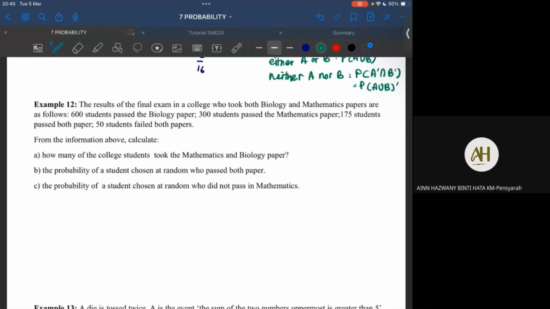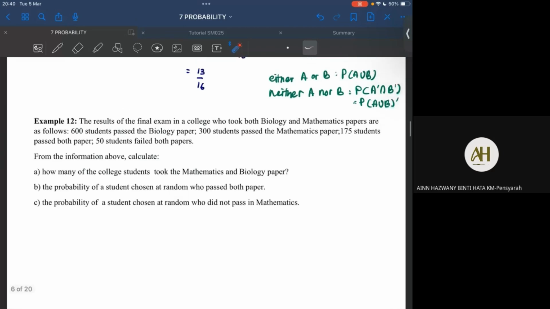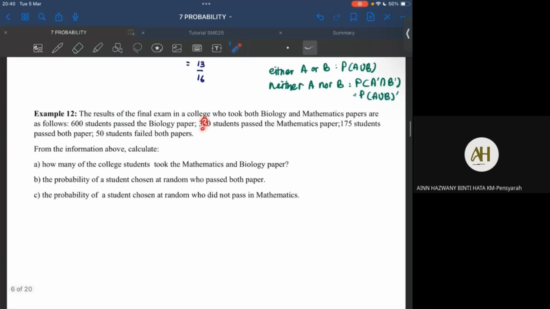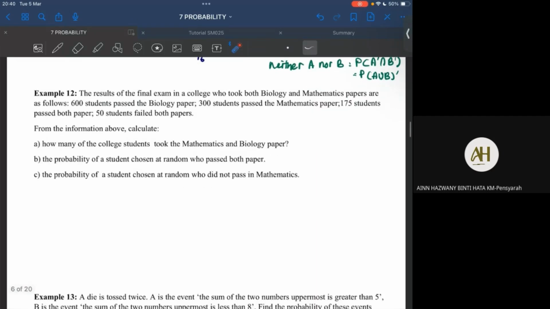Okay. Kalau let's say dia tambah lagi satu subjek kat sini, biology, mathematics and physics contohnya, kita guna table. Okay, kita guna table. Kalau dia bagi 3 over 6 contoh, kita guna Venn diagram. Okay, so that is how it works. Mana-mana satulah kita akan guna. Kamu kena decide sendiri.